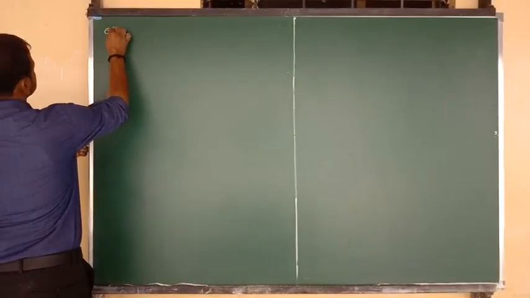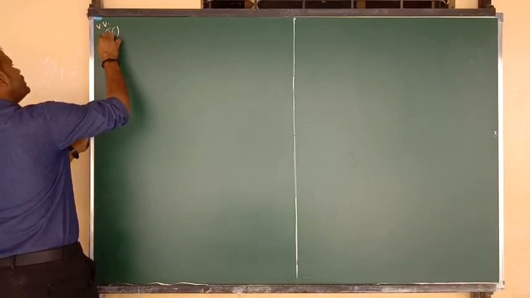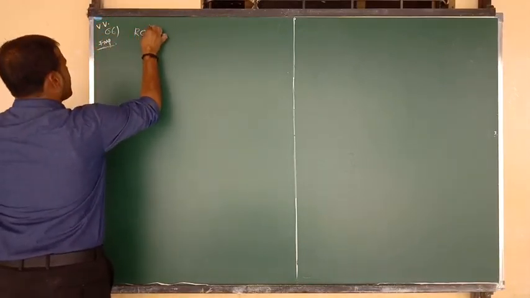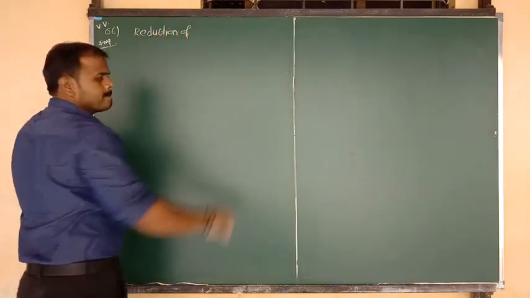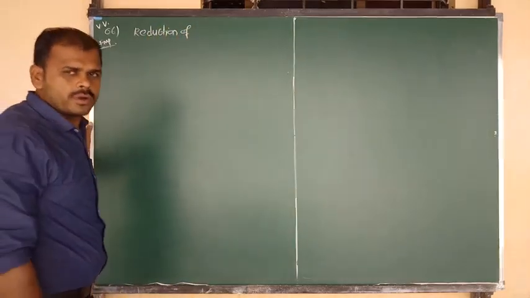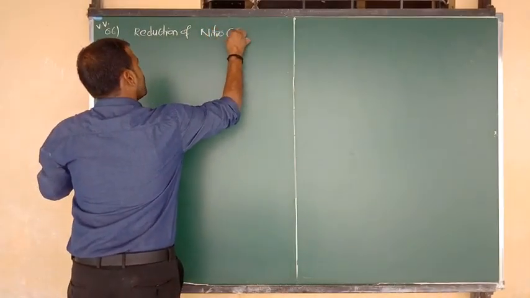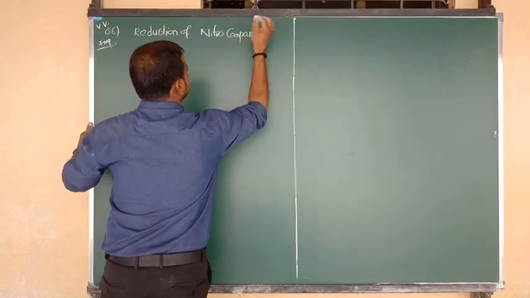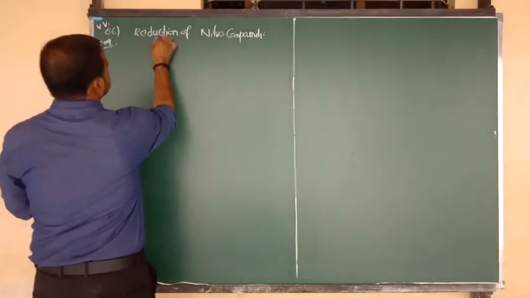Yes, let me consider method number 6. Very, very important. The topic is the reduction of nitro compounds. What is the topic we are going to discuss? The reduction of nitro compounds.